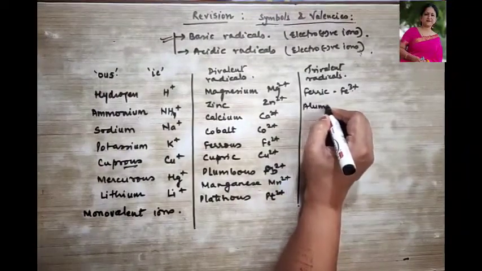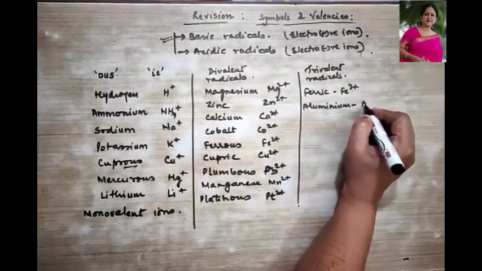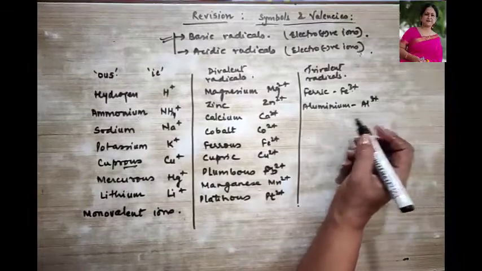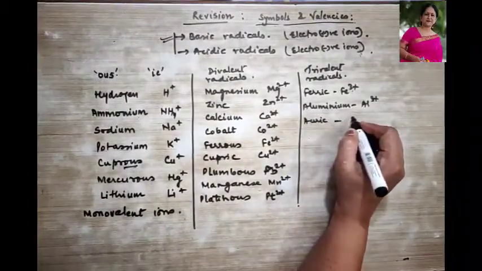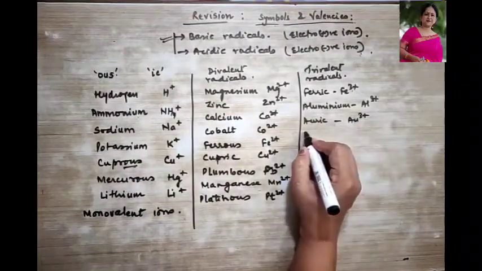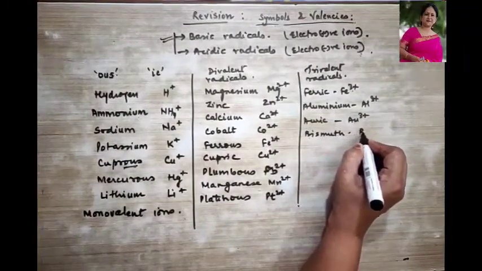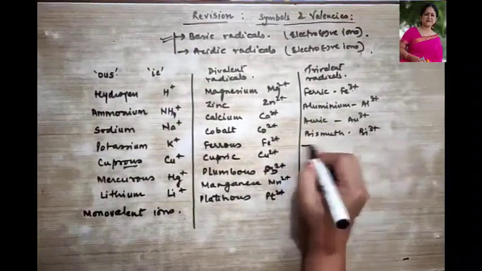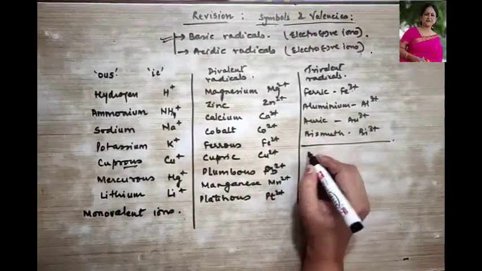Then we have aluminium, that is Al3 plus. Then you have auric also. What is auric? Gold. Au3 plus. Then you have bismuth also. Bismuth is Bi3 plus.